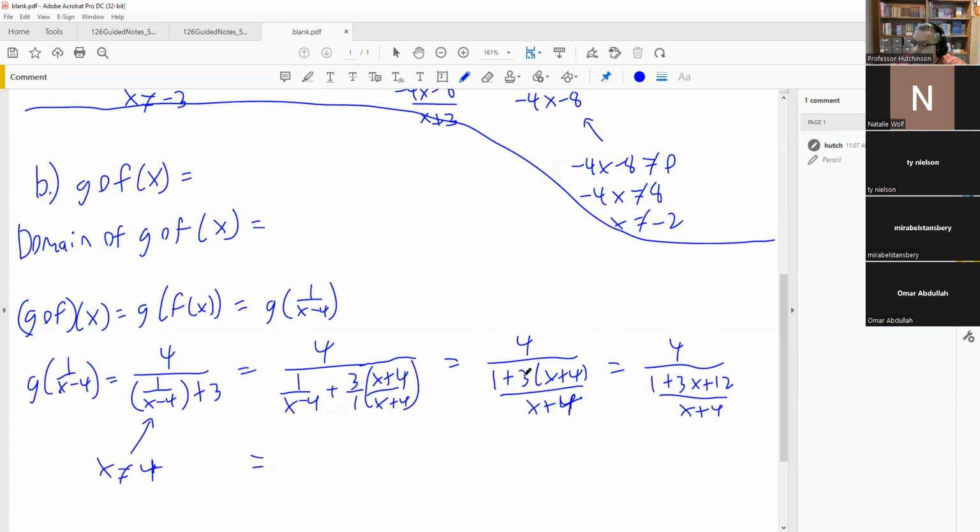Continuing with that further, I can do simplification on this line here. That's going to be 3x plus 13, all over x plus 4, just like that.